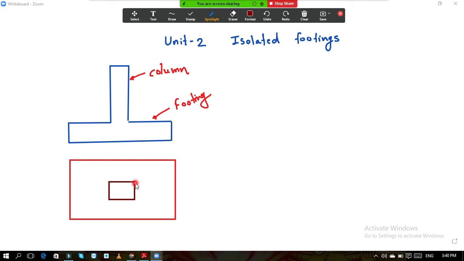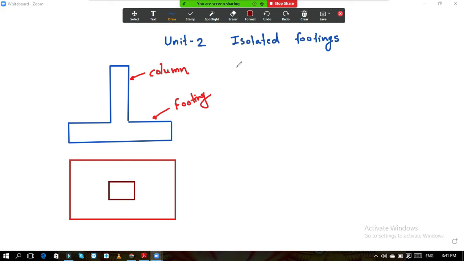This is the width of the column, this is the depth of the column, and this dimension is the length of the column. Similarly this is the footing; this dimension is the depth of the footing, and here you will see length and width. This is the length of the footing, this is the width, and this is the depth. Whatever I have shown at the bottom is the plan, and at the top is the sectional elevation.